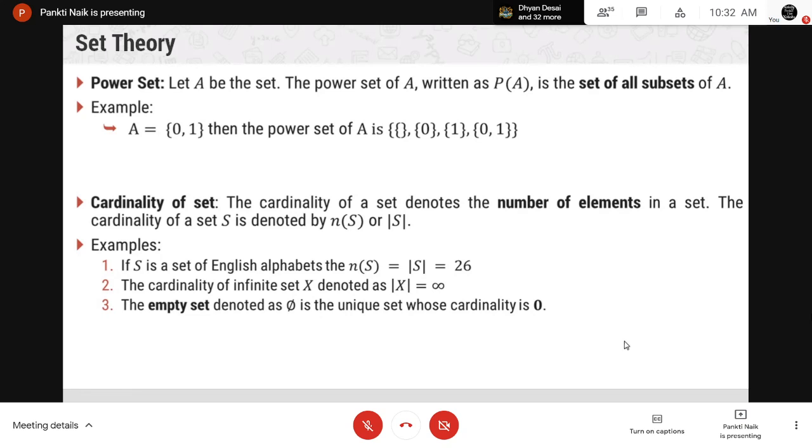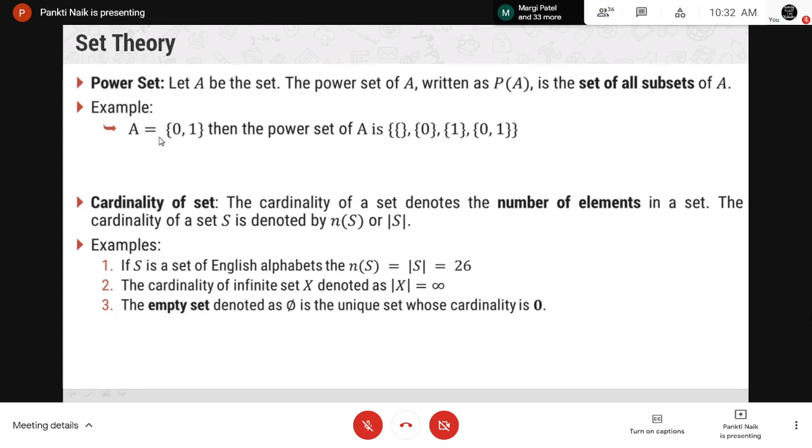It means, consider the set A. The power set of A, written as P(A), is the set of all subsets of A. For example, A is equal to {0, 1}, then the power set of A is equal to {null, {0}, {1}, {0, 1}}. All the subsets of A together become the power set of that particular set.